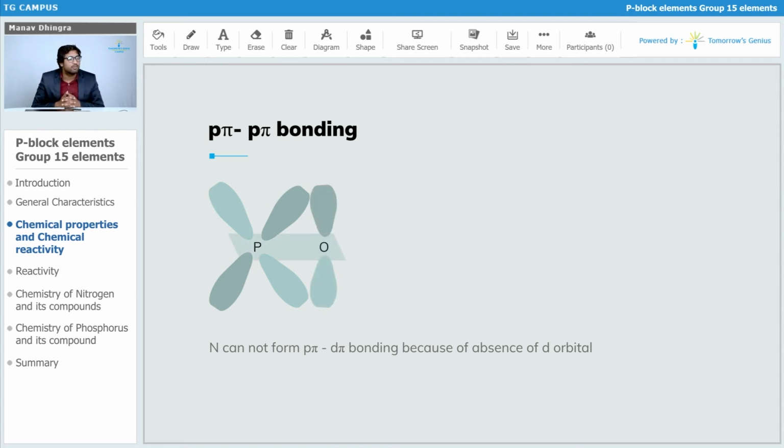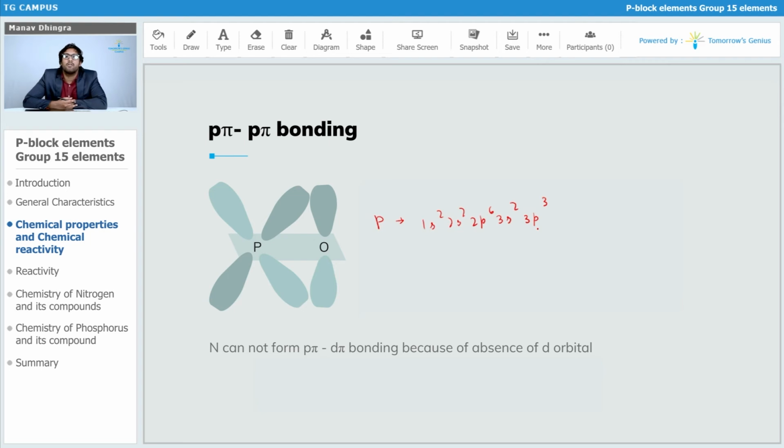Then next comes the question: why can phosphorus form multiple bonds with oxygen then? We can also ask this question. The reason lies in the p-pi d-pi bonding, using the d orbitals of phosphorus. If you people know, phosphorus has an electronic configuration of 1s2, 2s2, 2p6, 3s2, 3p3.